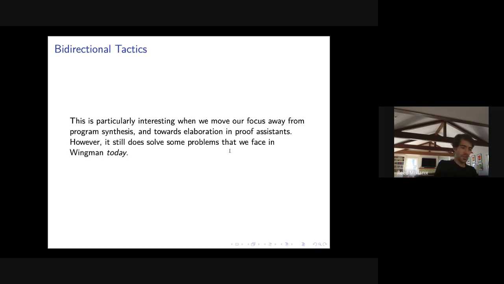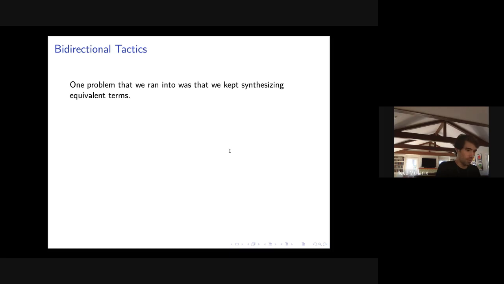But circling back, this bidirectional approach also solves problems for program synthesis. One problem that you run into anytime you try and write a program synthesizer is you end up synthesizing a ton of terms that are all actually secretly the same term, right? Like you might synthesize one version that's not eta expanded and another version that is eta expanded.